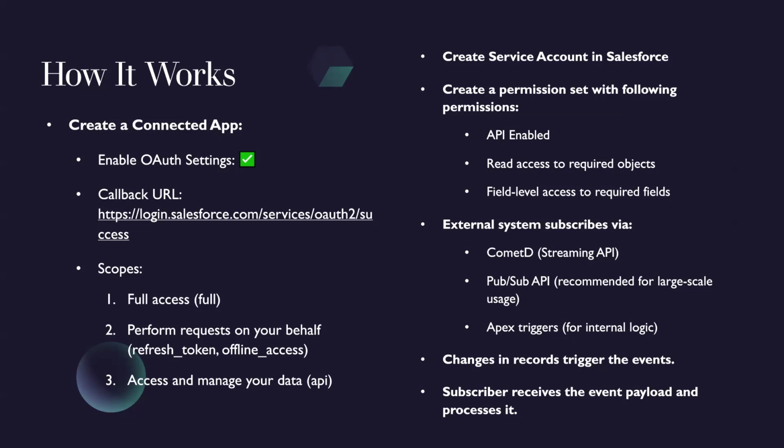One is you need to create a connected app in Salesforce. You need to enable the OAuth setting for it, and set the callback URL and the following scopes. Once you create this connected app, you will get a consumer key and consumer secret, which you need to share with the external system.